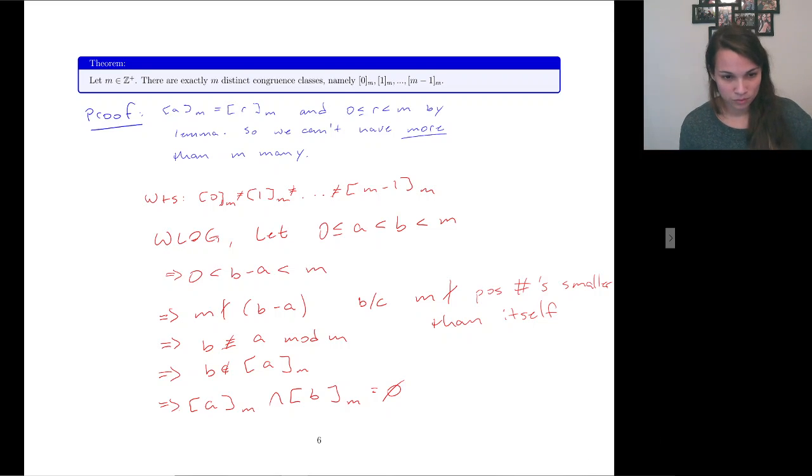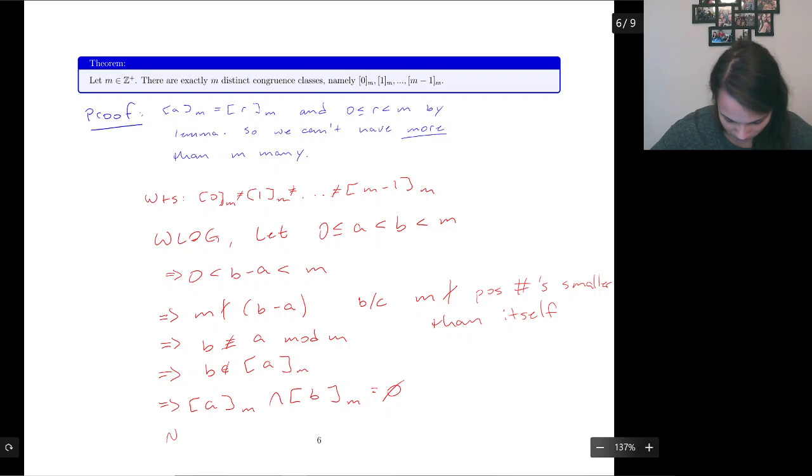So now that means none of the equivalence classes overlap.